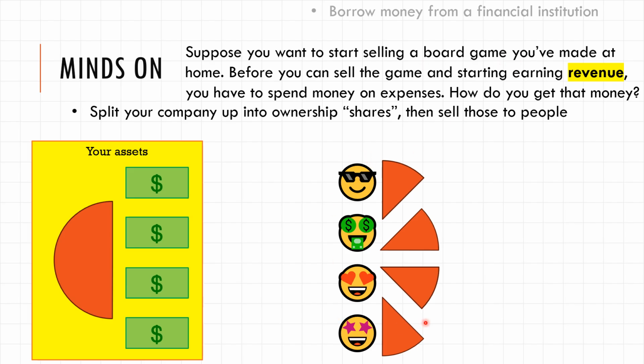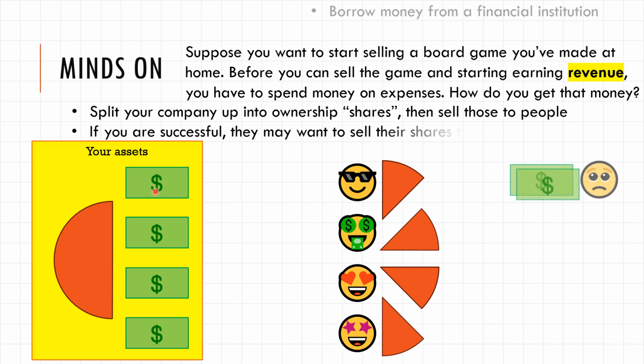Now, these people might decide, this was actually a pretty good deal. This board game is making a lot of money. This company seems like it's more and more valuable. They might actually want to sell their shares to someone else. Somebody else might say, I want a piece of this action, but there are no more shares available to buy. So they may go to one of the investors and say, hey, I'll offer you some more money, more than what you paid for your share of the company.